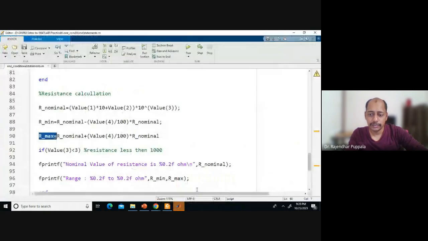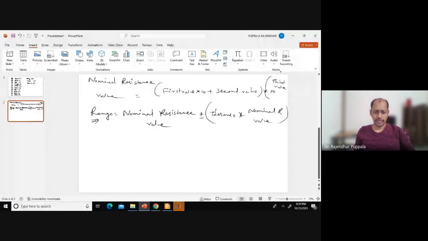You can see here, sir, if value 3 is less than 3, I will explain here. In this formula, first value into 10 plus second value into 10 to the power of third value, right?